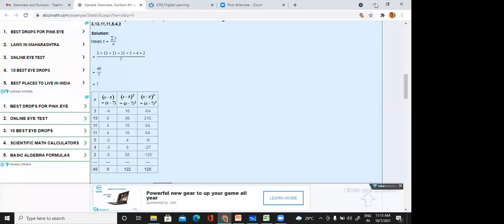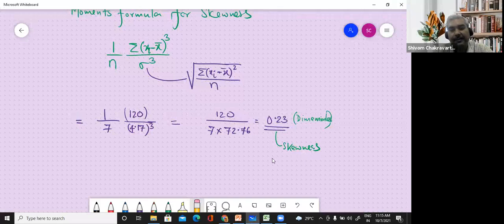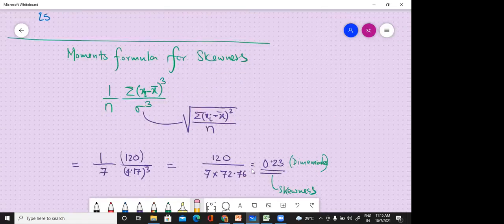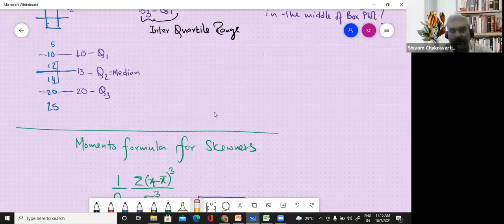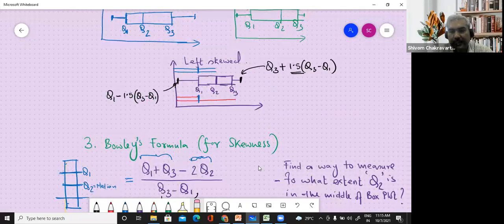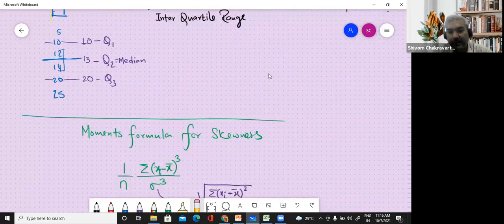So skewness is 0.23. Is it clear? I hope the other two formulae will be easier for you to use. Bowley's formula and Pearson's coefficient of skewness will be still easier for you to use. Can you do this for Bowley's formula? Don't expect to get exactly 0.23.